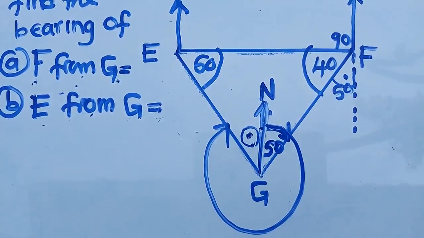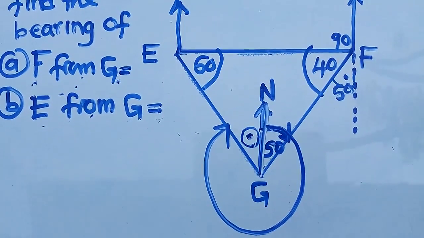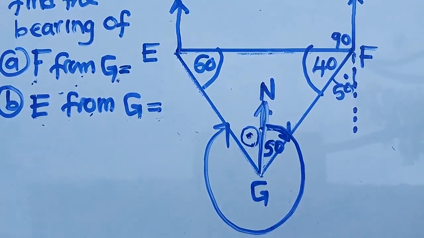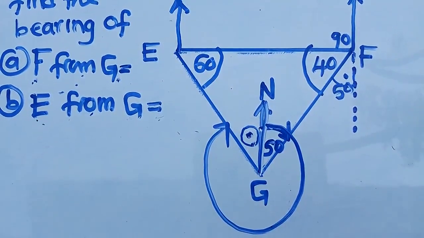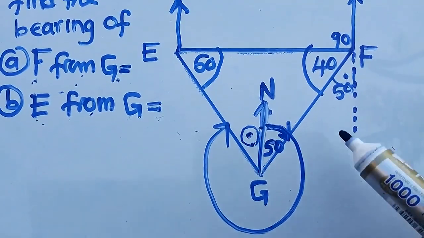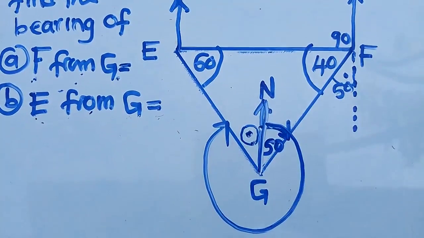How can we calculate the angle that is there? I'm going to show you. We can use different ways to calculate this, but by the end of the day, we come to one answer. One of the easiest ways: you know that when you add all the angles in a triangle, you should get 180.